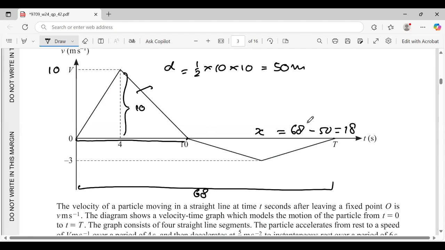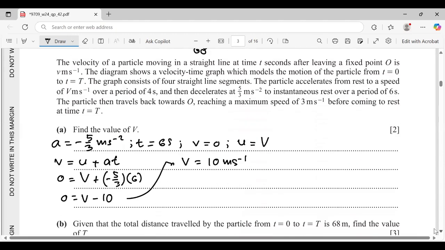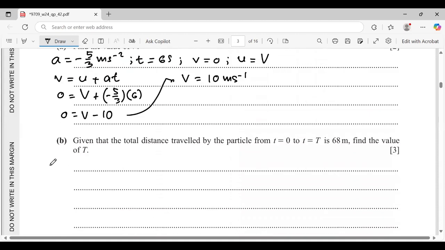Now we are going to find the time, I mean, not distance. The distance is the area of the second triangle, with the time x from 10 to T.